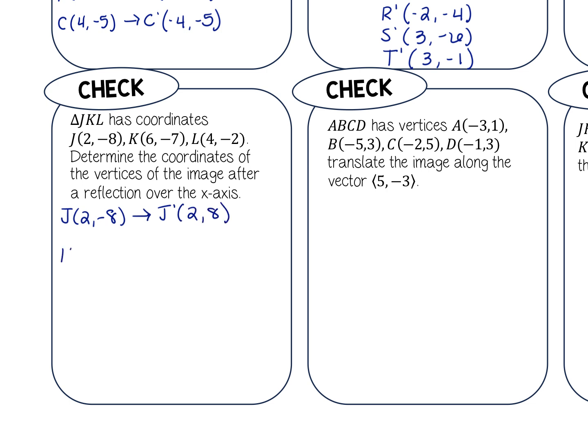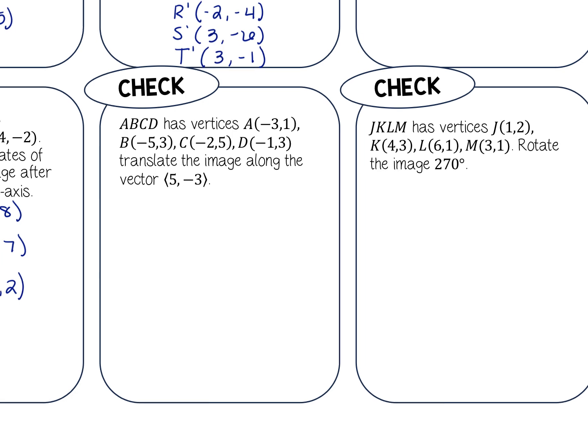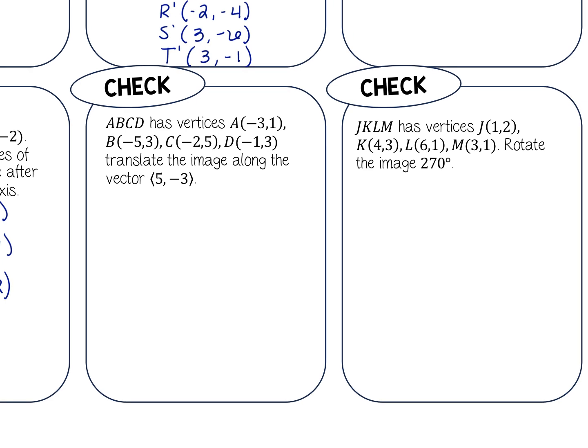K is 6, -7, so K prime is 6, 7. Go ahead and laugh. Lastly, we have L, 4, -2. So L prime is 4, 2.